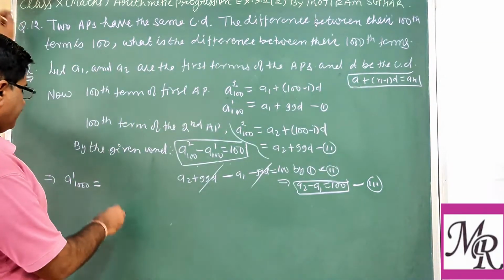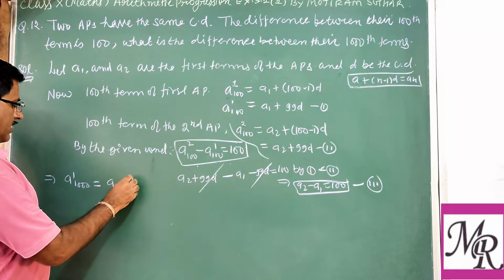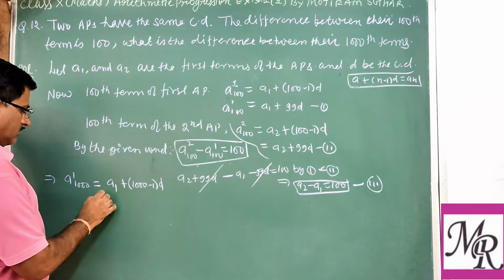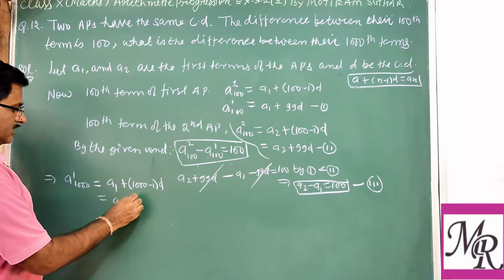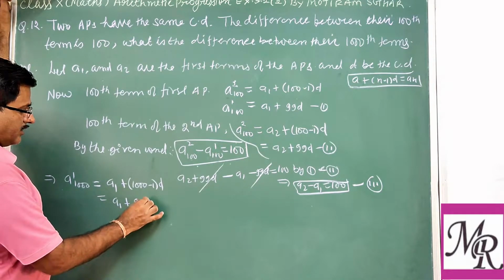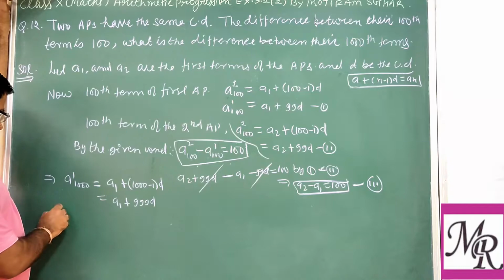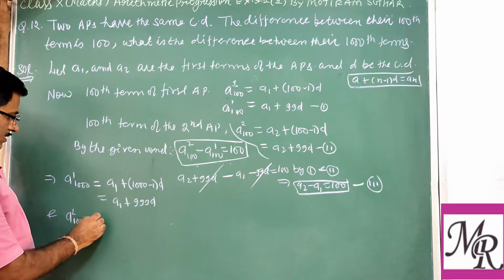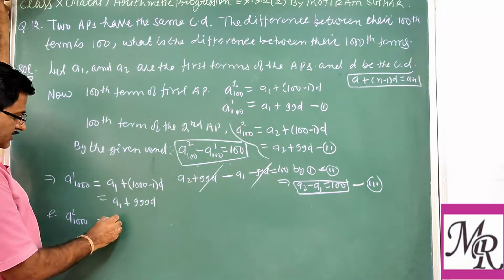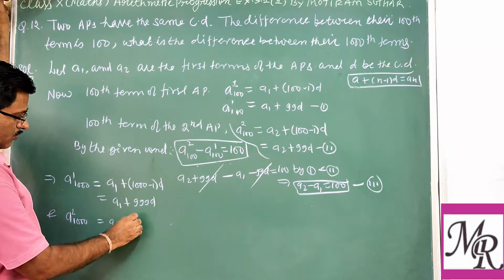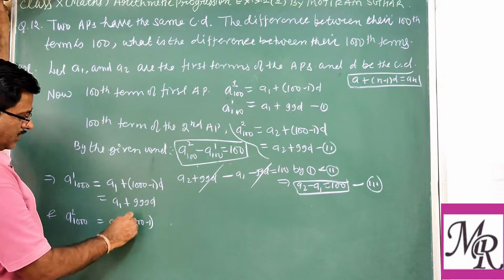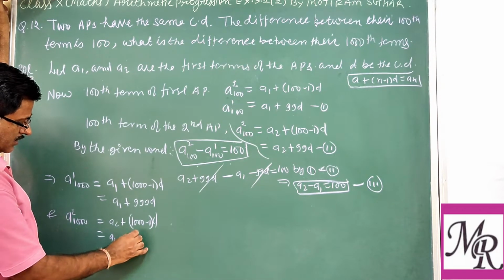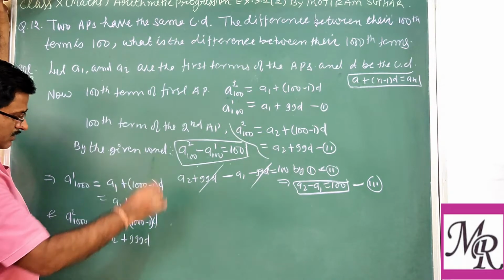First term a1 plus n means 1000 minus 1 into d, or a1 plus 999d. And for second AP 1000th term, that is also a2 first term, 1000 minus 1 into d, which we get a2 plus 999d.